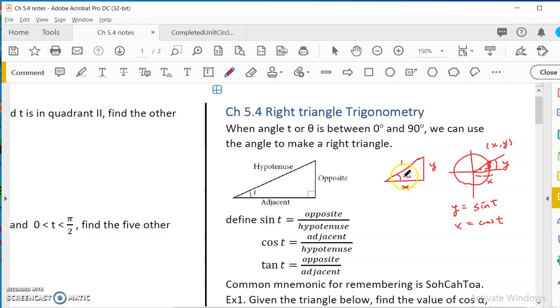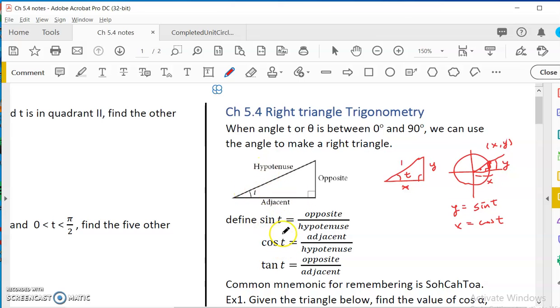So sine theta is y, which is y over 1, or if we look at this as a right triangle, the opposite side of t over the hypotenuse. And cosine t is x over 1, the adjacent side of this right triangle over the hypotenuse.